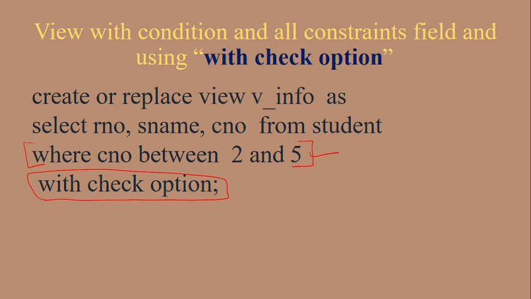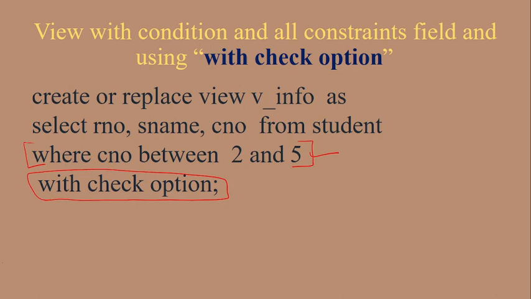If the view is written on a single table, you are not using any aggregate function, and all table constant fields are present in the view, then you can modify the data through the view. Whatever changes you make to the data of a view get reflected onto the base table directly.